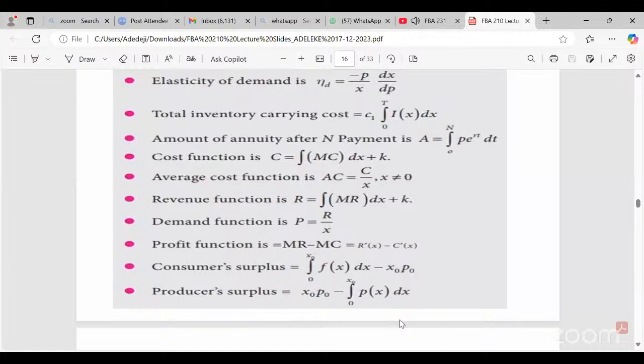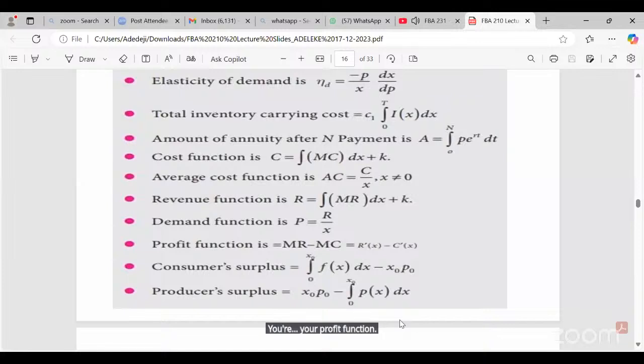Of course, if you are able to get the total revenue and the total cost, the difference will go into the profit function. So integration is very, very useful in determining your profit function.